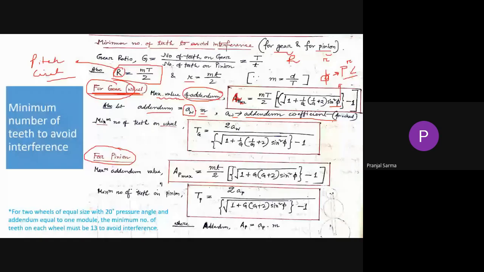And the minimum number of teeth on the wheel, T for teeth, G for the gear or the wheel, is equal to 2 into A W, that is the addendum coefficient. This is the coefficient which multiplied with the module gives you the value of the addendum. This is the multiplication factor divided by this portion.